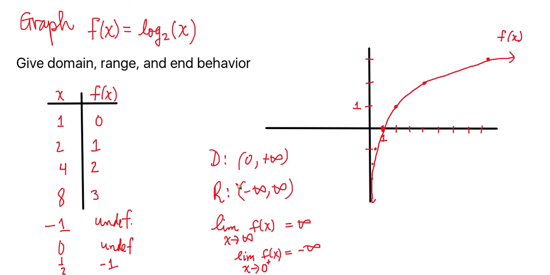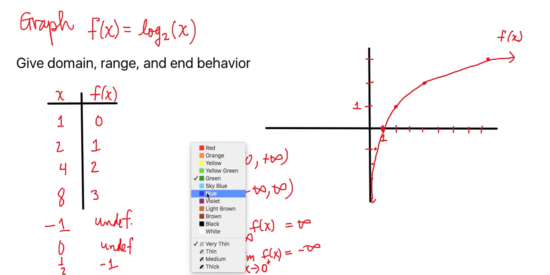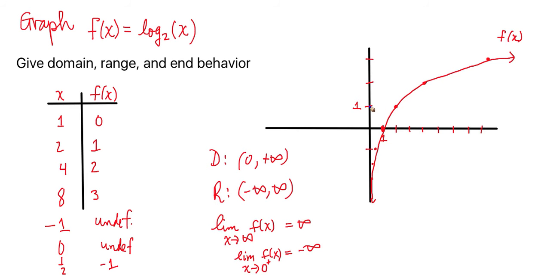So let me draw in the other graph just so that we have some comparison here. So I think we might be onto something. So we know that (0, 1) is on that other graph, (1, 2) is on that other graph, and a few other things. But the 2 to the x graph looks something like this.